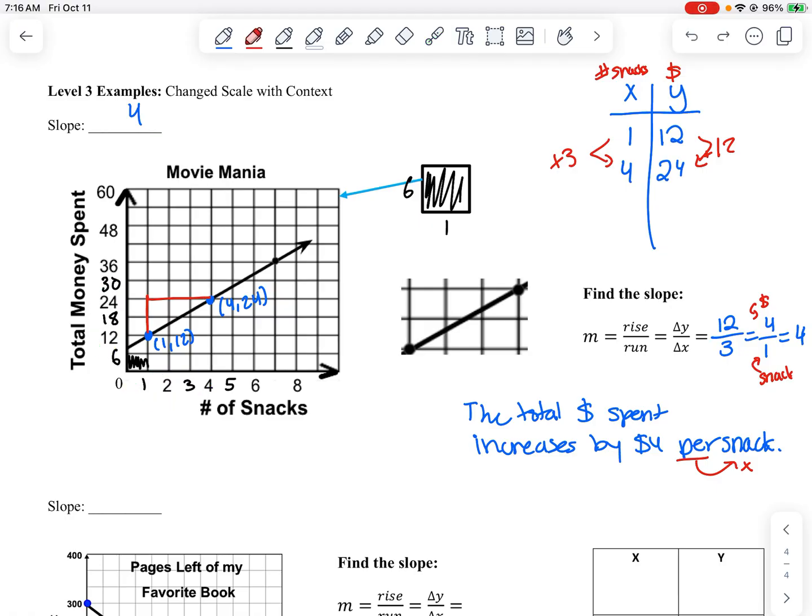So we would see that we're counting up 6, 12, and over 1, 2, 3. I would again get that the change in y over the change in x for my slope is 12 over 3, or 4 over 1, or 4. And I could even look at the side and say, okay, I went from 12 to 24, and I went from 1 to 4, to double check that I did not mess up those numbers.